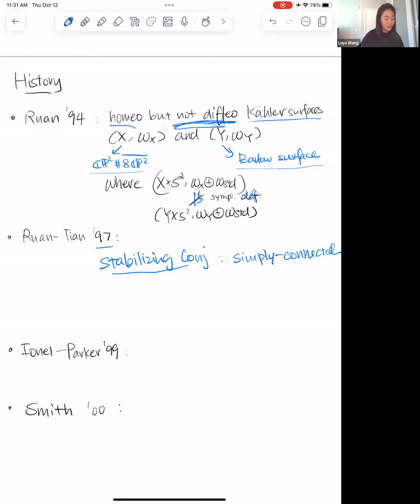They asked, as before, if you have two symplectic four-manifolds that are homeomorphic, whether they're diffeomorphic if and only if the stabilized symplectic six-manifolds are deformation equivalent. The stabilizing conjecture is shown for simply connected elliptic surfaces.